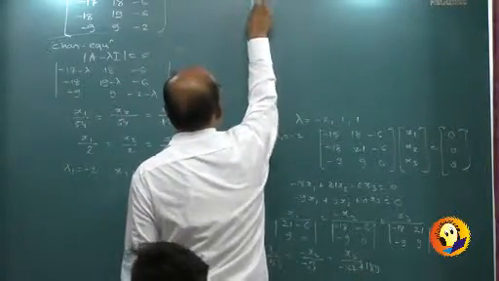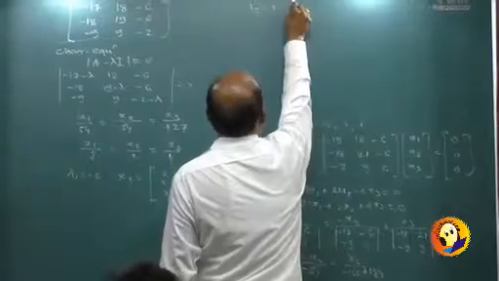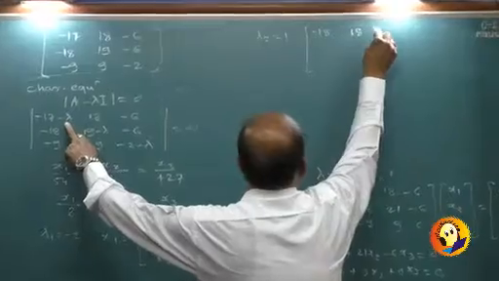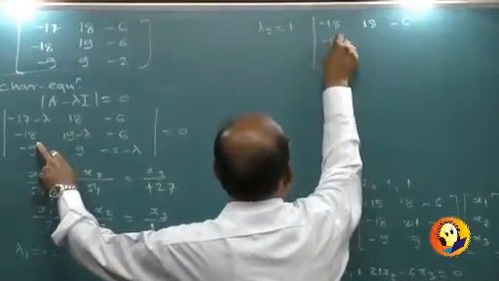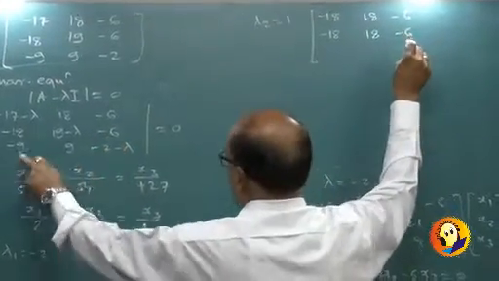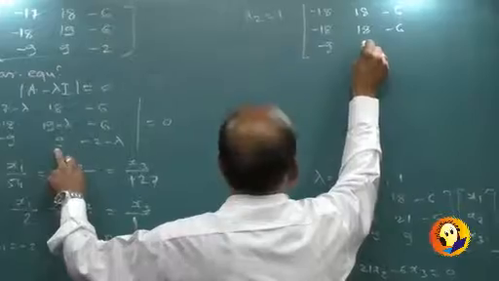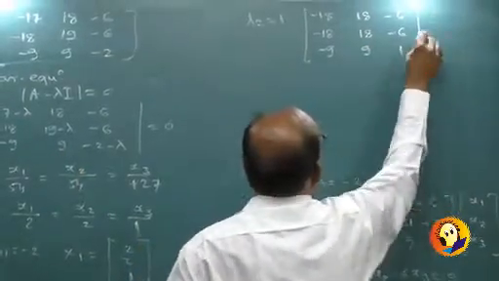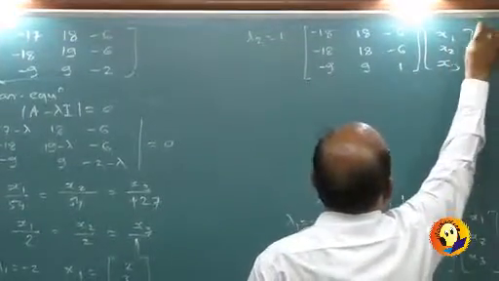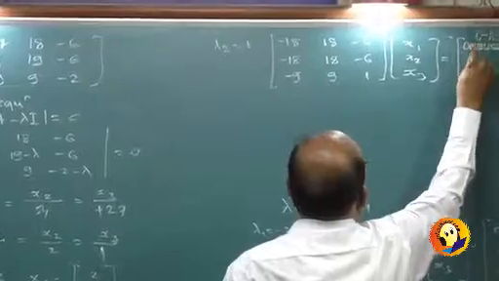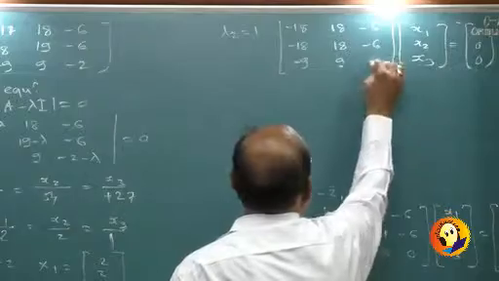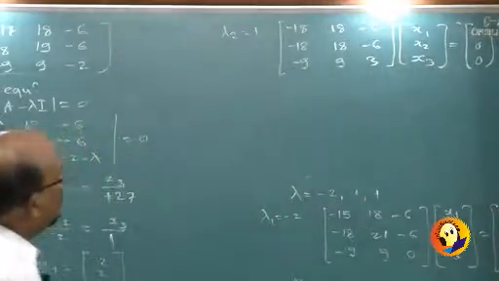And then at lambda 2 equal to 1, the equations will be minus 18, 18, minus 6; minus 18, 18, minus 6; minus 9, 9, minus 3, times x1, x2, x3 equal to 0, 0, 0.